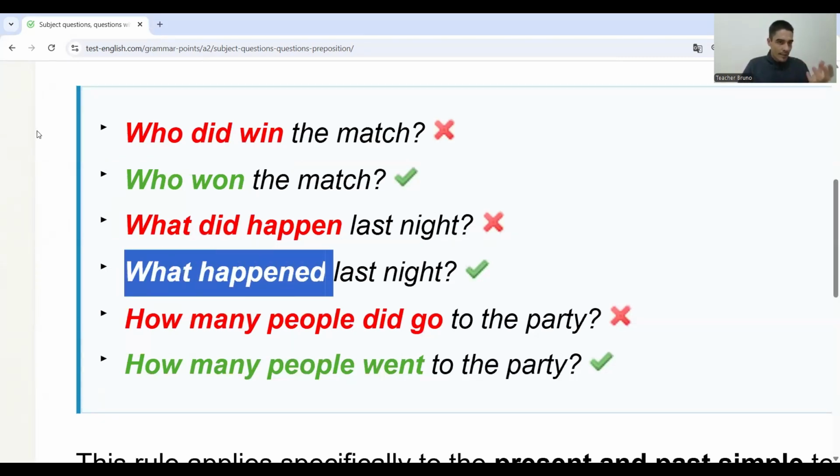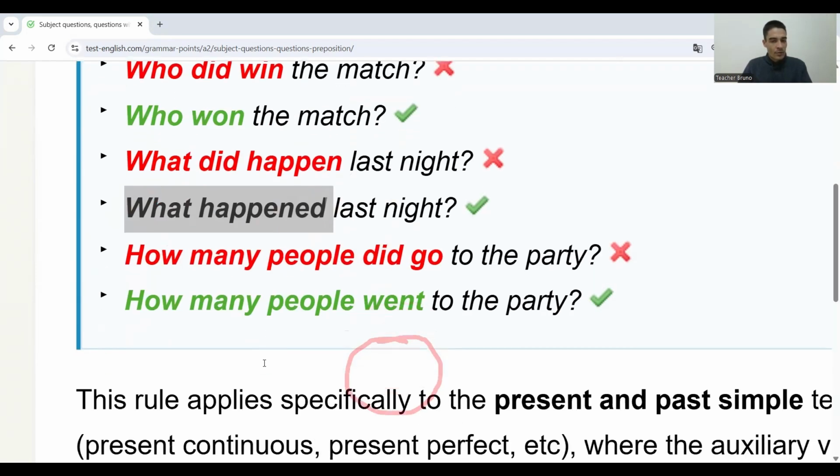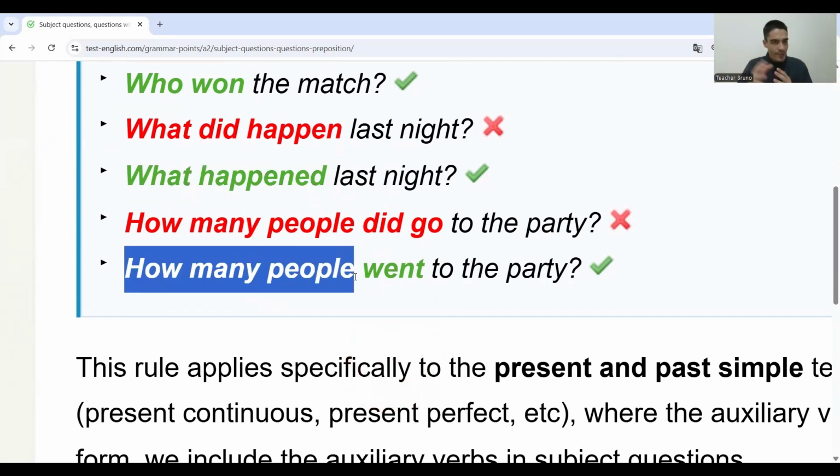No. The subject is the question word. For this reason, past simple conjugation: what happened? What happened last night? How many people went to the party? That's the subject of the sentence.